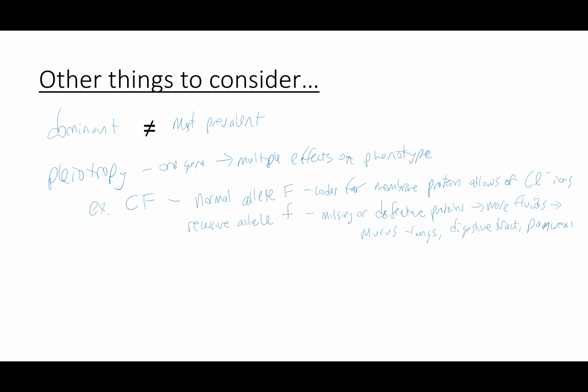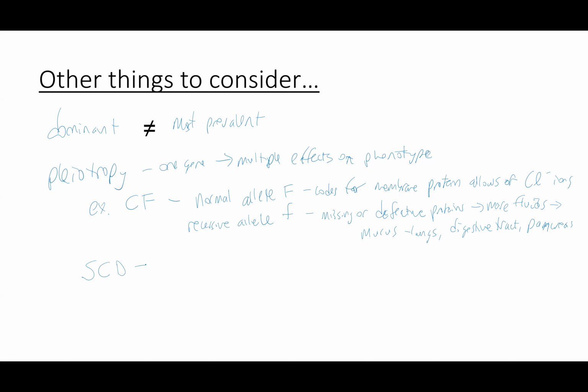So it affects breathing, it affects absorption of nutrients. So again, this one gene controls multiple phenotypic effects because the mucus can build up in multiple places in the body. And it's a genetic disorder, so we don't have cures for this yet. We're going to get into gene therapy in a couple chapters. That's a possibility, but it's not a reality yet.